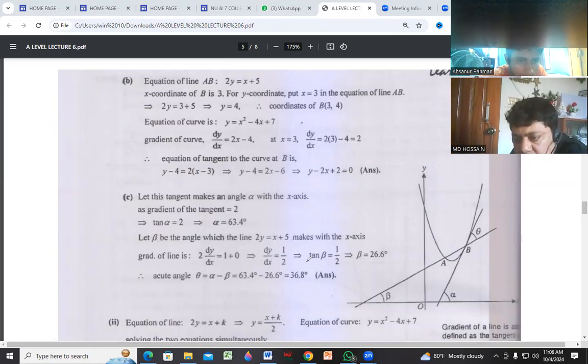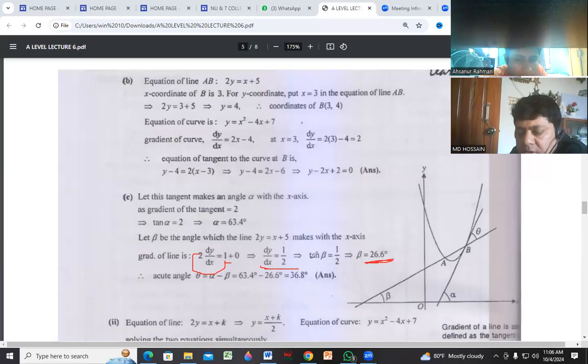Putting the value of half, dy by dx equals half, and tan theta equals half. This is the value. You can find out this value from the calculator also.